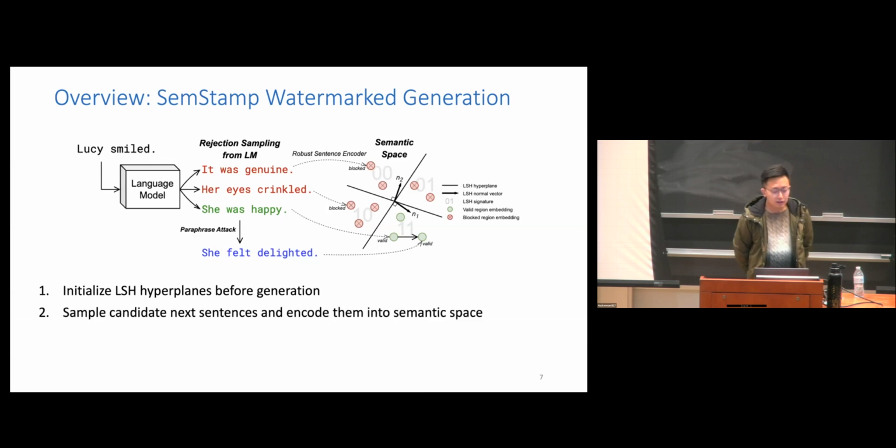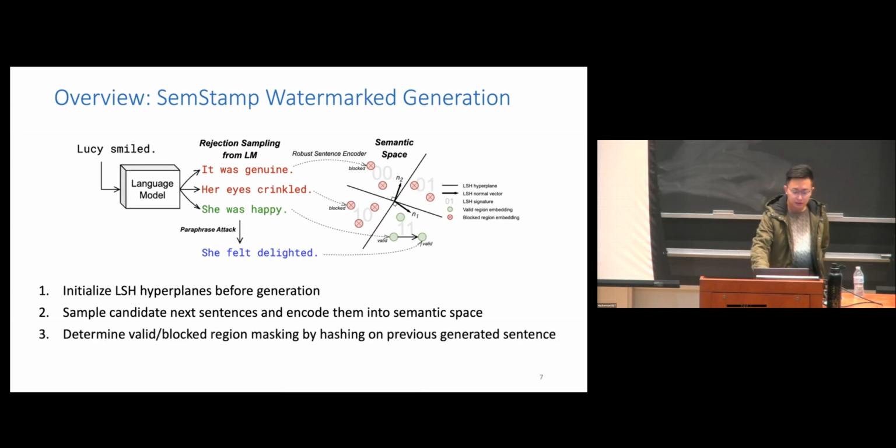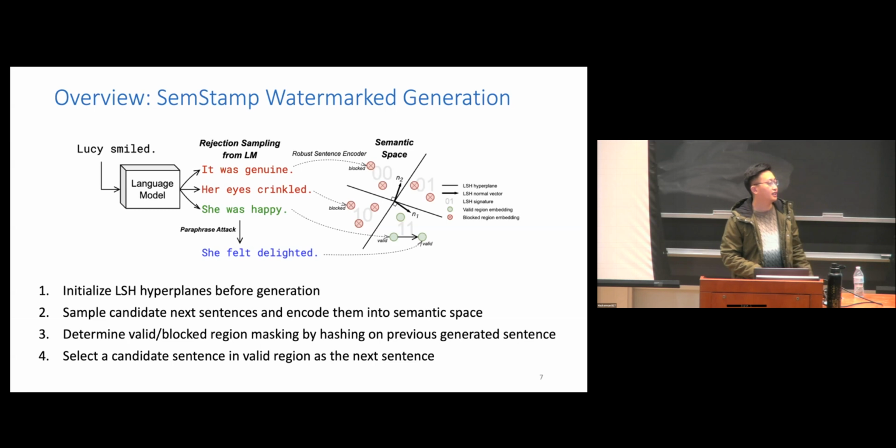Next, given a context, we want to sample the next sentence: we sample multiple candidates and then encode them into the semantic space. We use the previous sentence, which is "Lucy smiles" in this case, to divide the region into valid and blocked regions through locality-sensitive hashing. Then we finally select a candidate sentence that is in the valid region as the next sentence. We can see that these sentences are not in the region we want, and then we select "she was happy" as the next sentence.